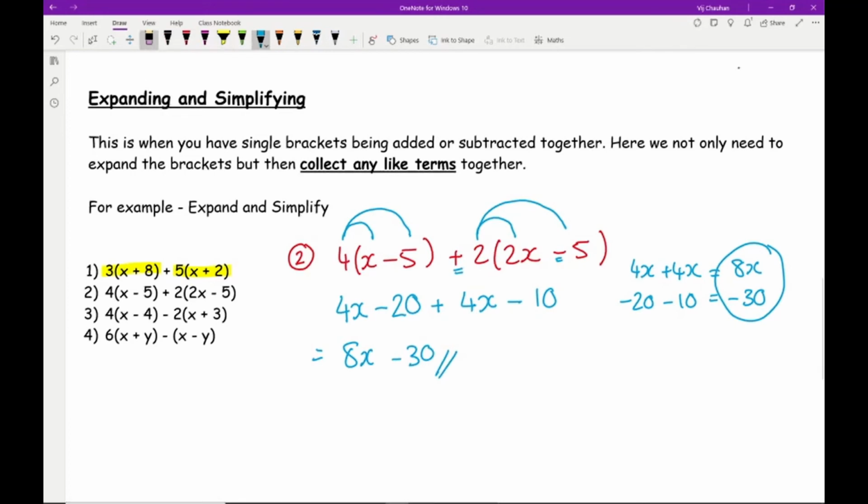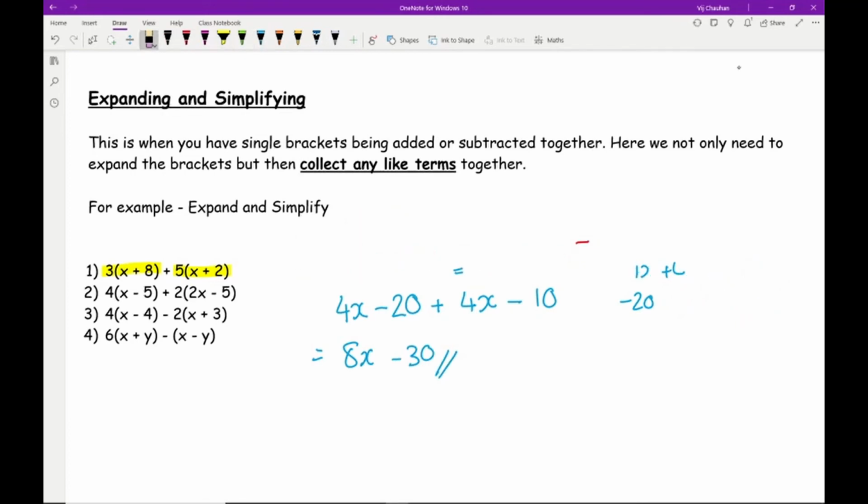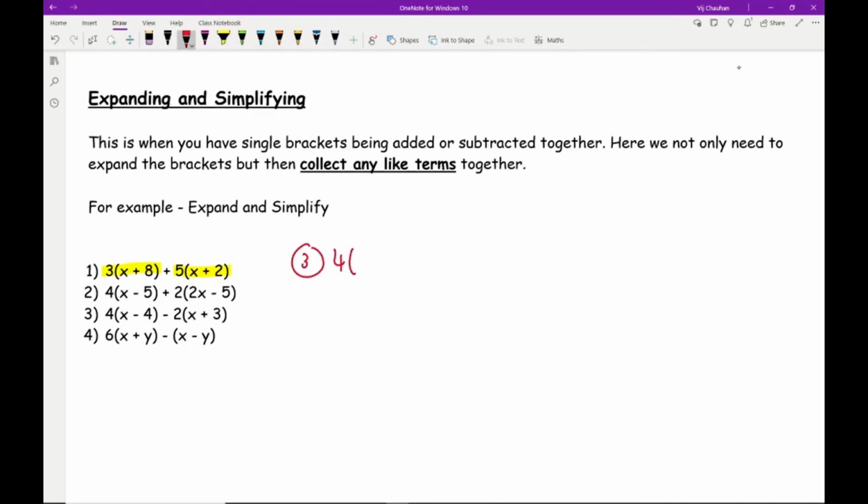Moving on to question 3. So again, let's just quickly get rid of all of this. So moving on with question 3, we've got 4(x minus 4) minus 2(x plus 3). So again, 4 times x is 4x, minus 16.